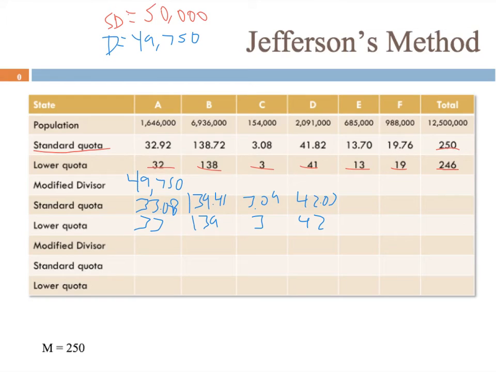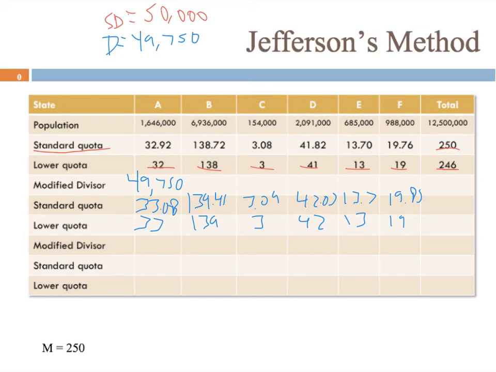And then 685,000 divided by 49,750 comes out to be 13.7, lower quota making 13. And then the last one, 988,000 divided by 49,750, is 19.85, so that's still just 19.